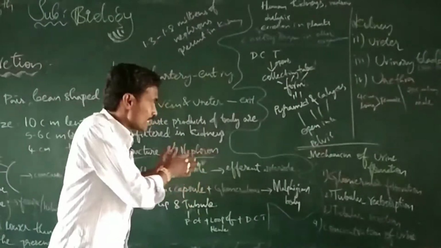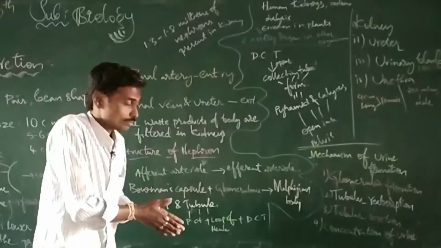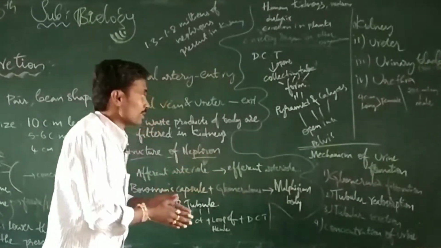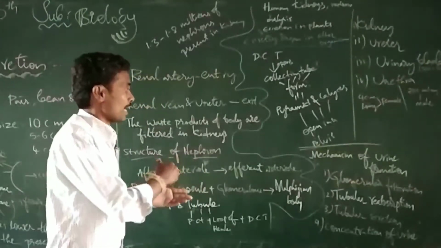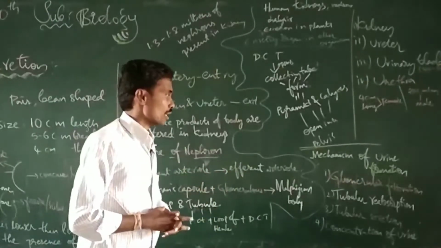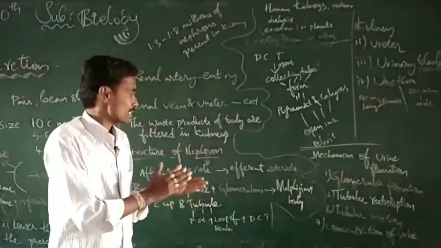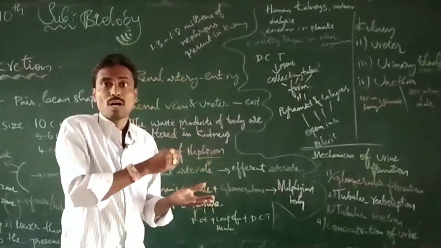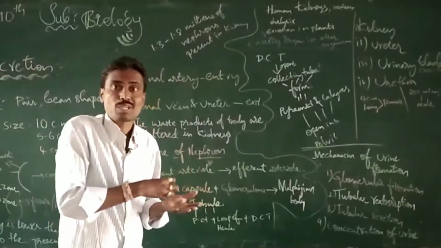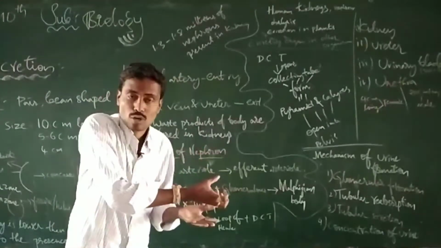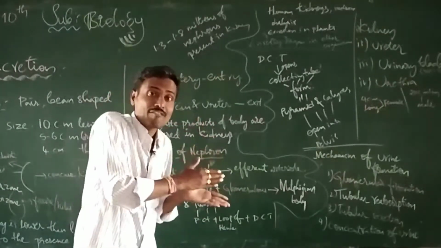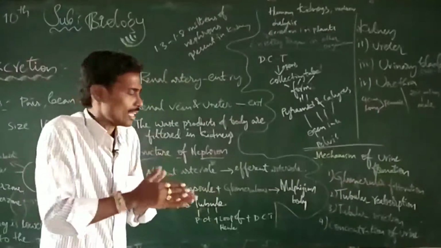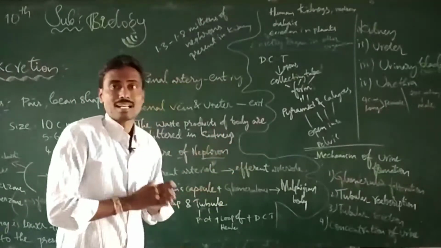So they are secreted into the DCT region and come to the DCT. And finally, we observe the formation of urine. It is concentrated because all the excessive water and essential minerals and ions are reabsorbed, and unnecessary waste materials and ions are secreted into the tubular region.